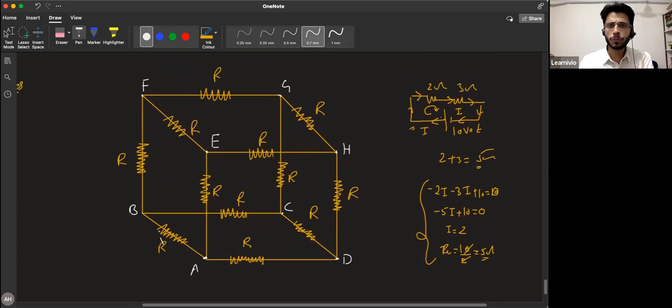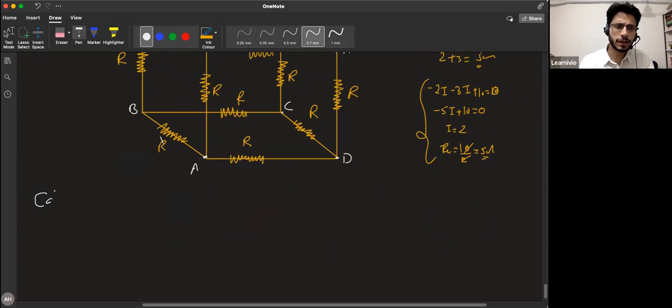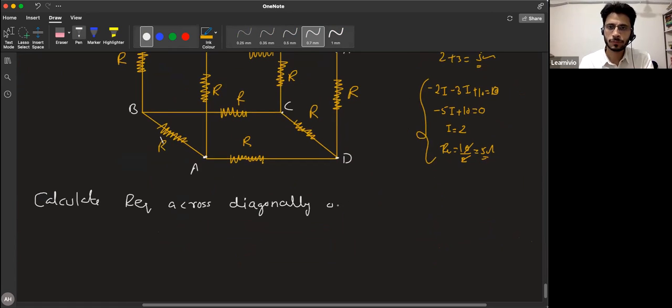Then you are supposed to calculate R equivalent across diagonally opposite ends.